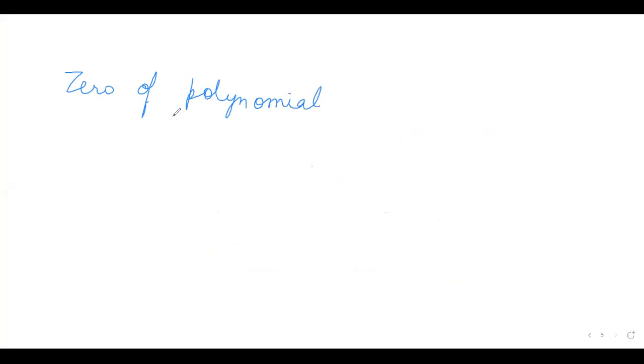So zero of a polynomial means what is the value of x if I put it equal to zero. So if we have a polynomial, let's say x plus 5 is equal to 0. This is a linear polynomial.